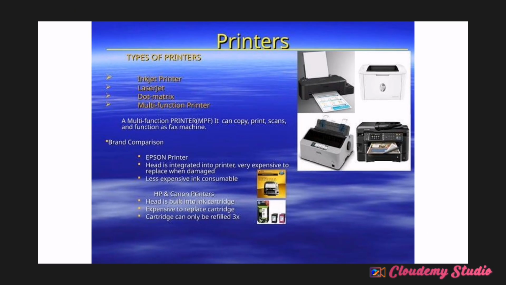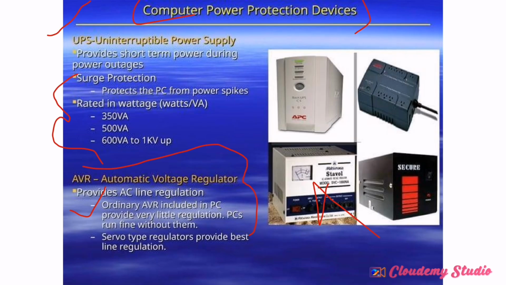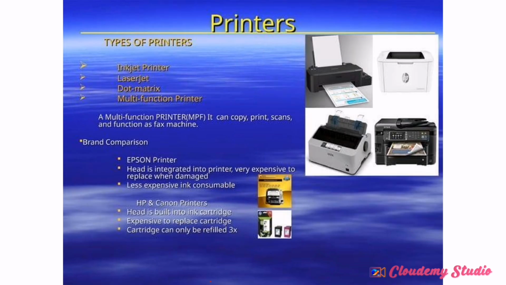We have what we call printers. So printers, I think we mentioned an overview on the printers, LaserJet or inkjet. Yeah, and in the overview again, we mentioned something like UPS. It was there, I think you remember, some of you.